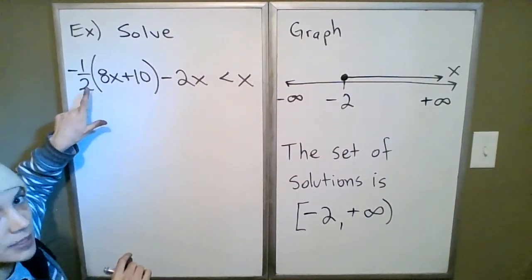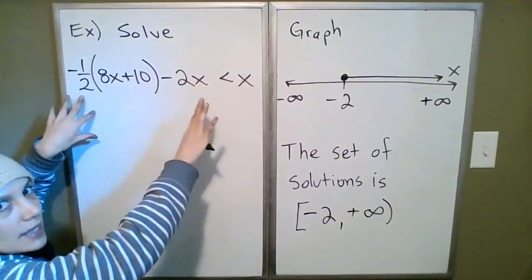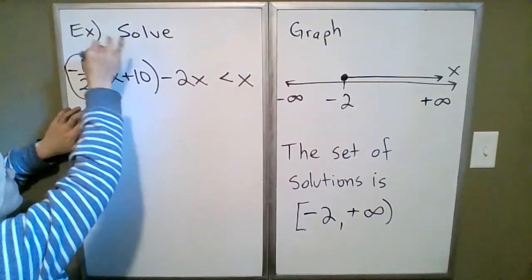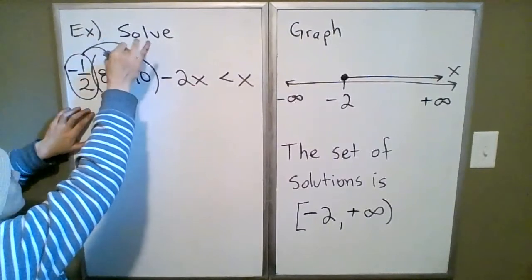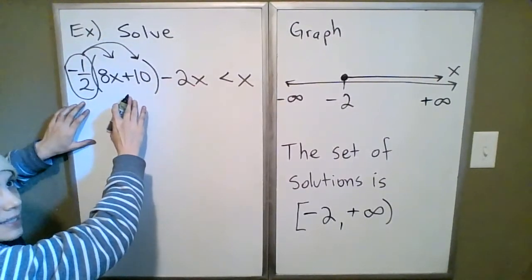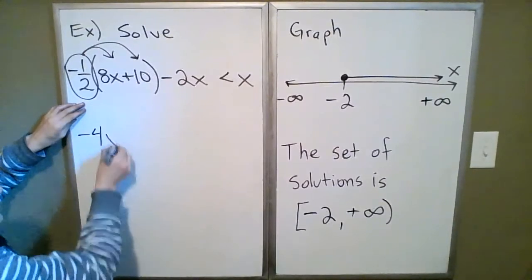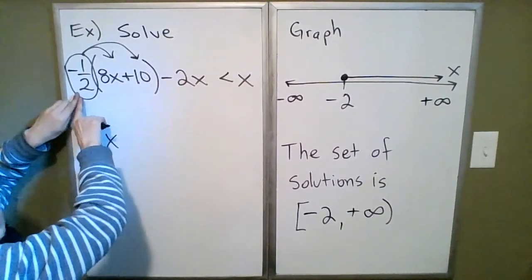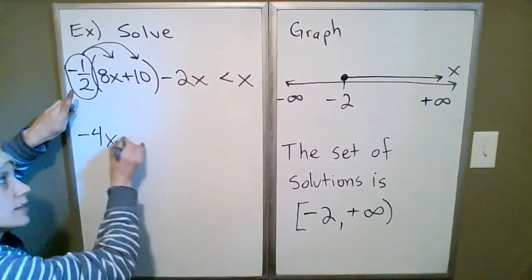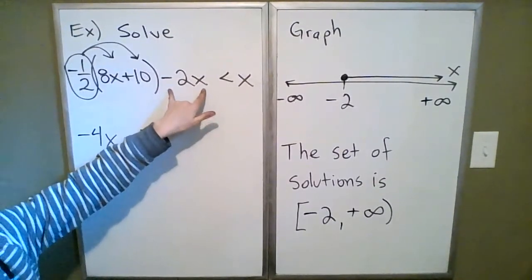Okay, so you want to distribute this -1/2 and start to expand the left side. -1/2 times 8x is -4x. -1/2 times +10 is a -5. Over here with the -2x.